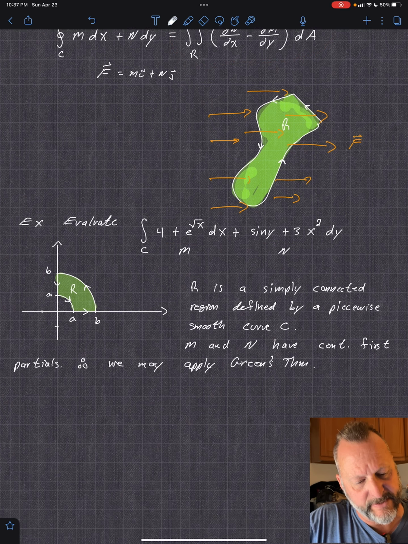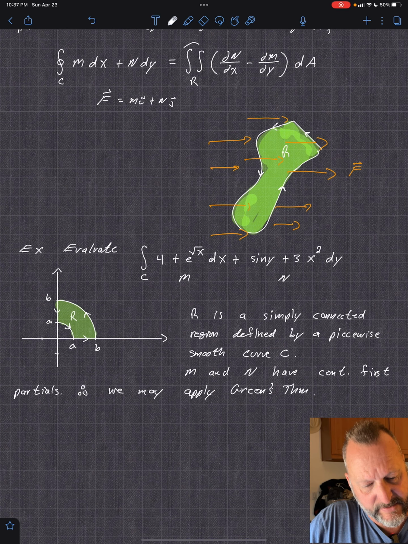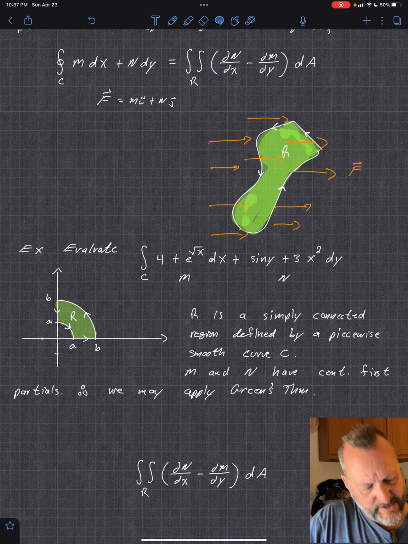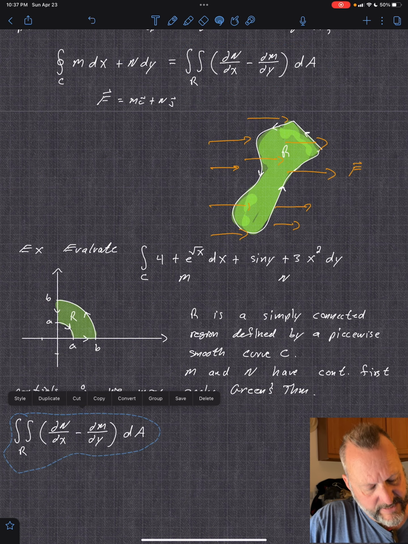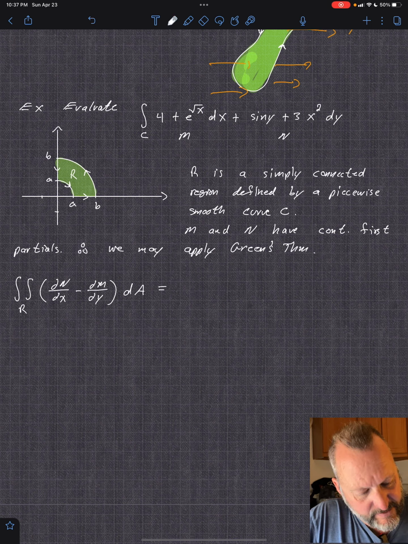All right, so we're going to apply this instead. So we can calculate those partials and evaluate over the region.